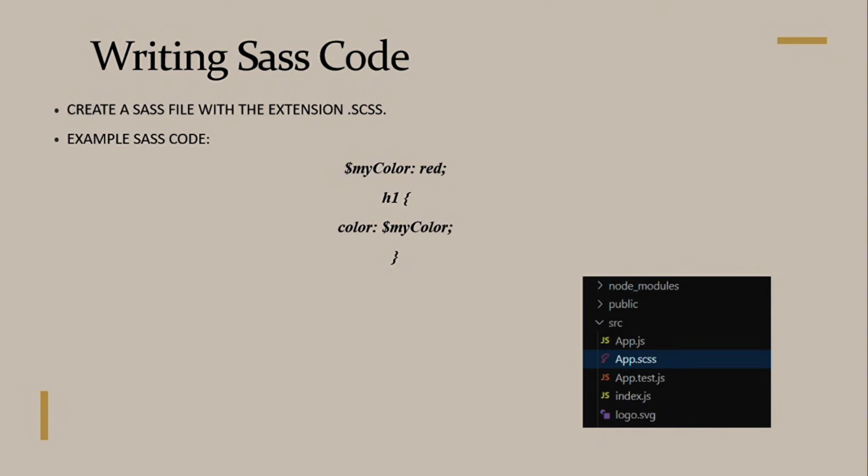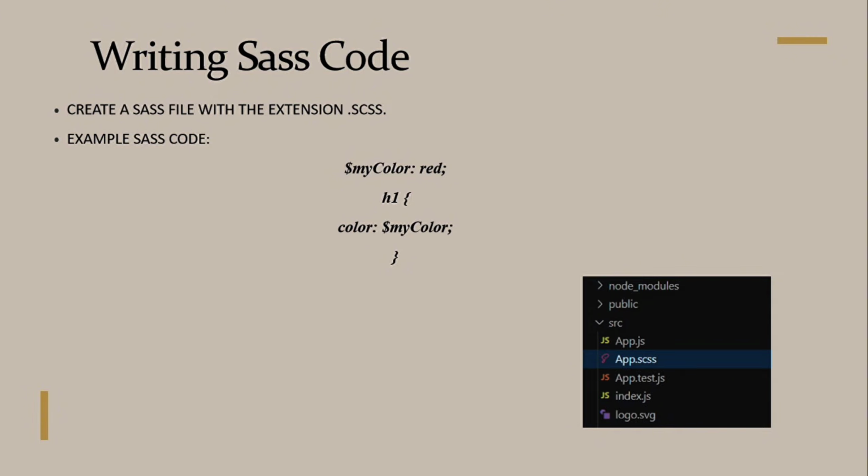So the next time you want to use a different color, you just use the variable myColor and assign it another color, and hence we don't have to search through, and it's more organized and easier to use.